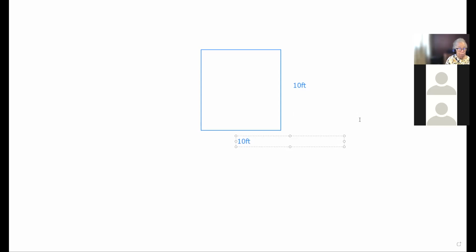So this is the room, 10 feet, and then you're putting tiles in here.